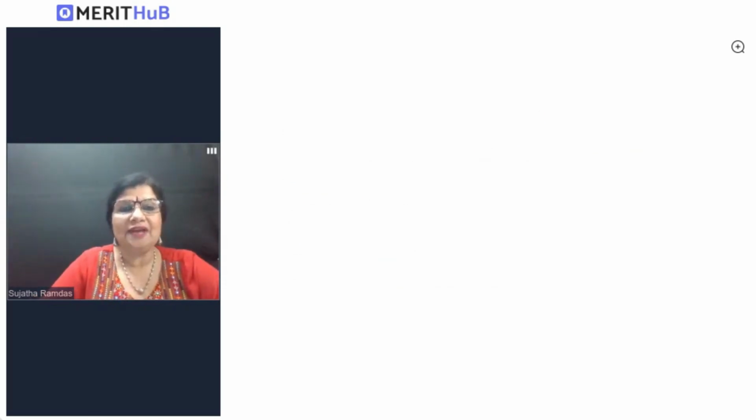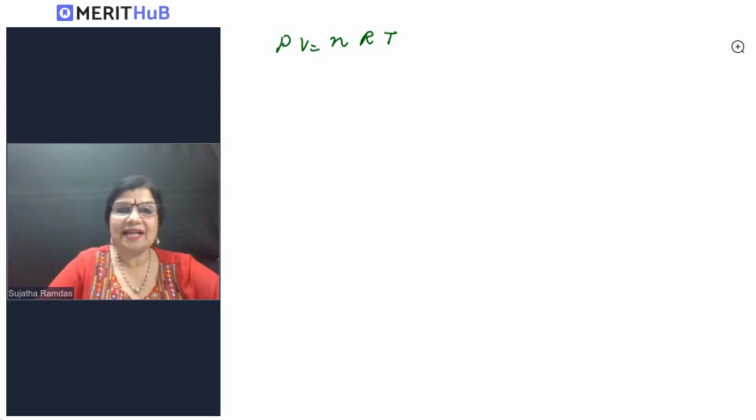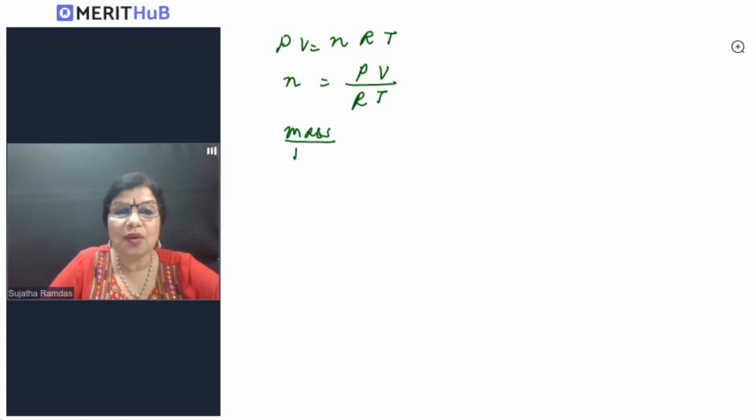So here we have the formula PV is equal to nRT, correct? So n is equal to PV by RT. We need to find out the molar mass. n is equal to mass over molar mass, that is equal to PV by RT.